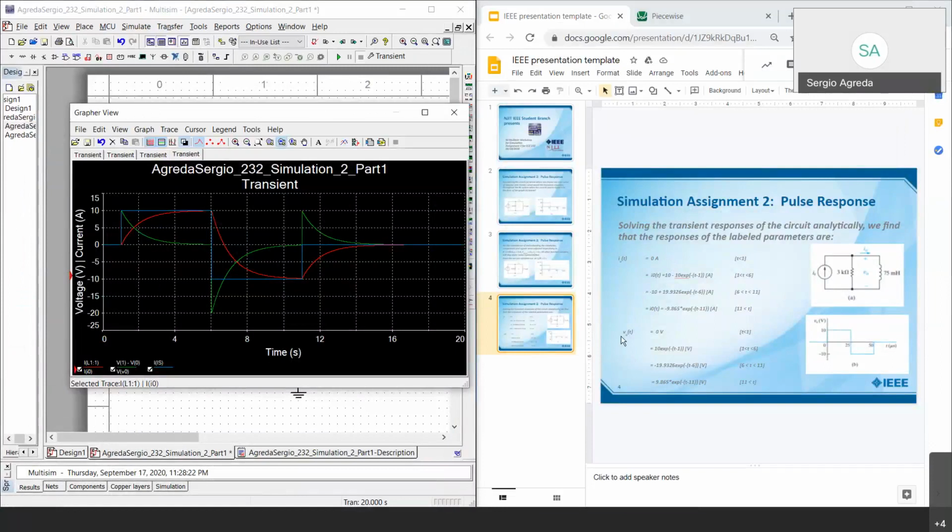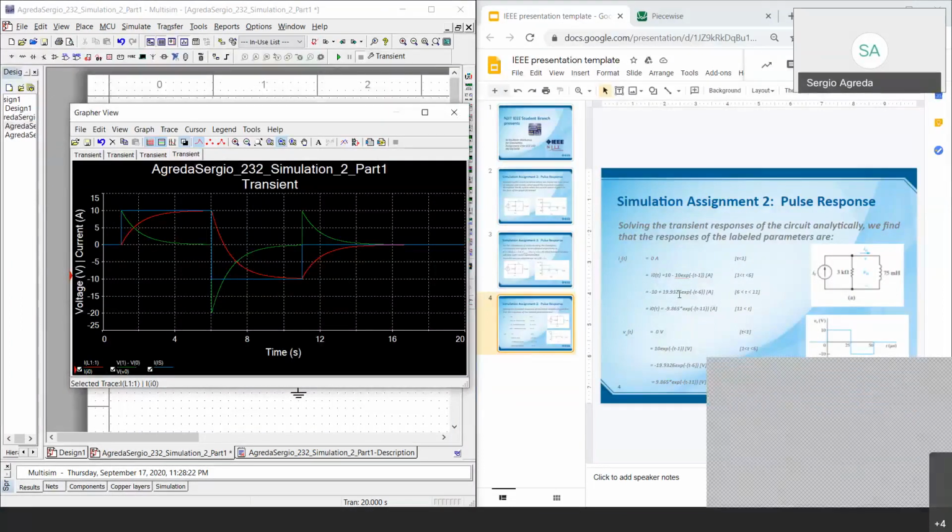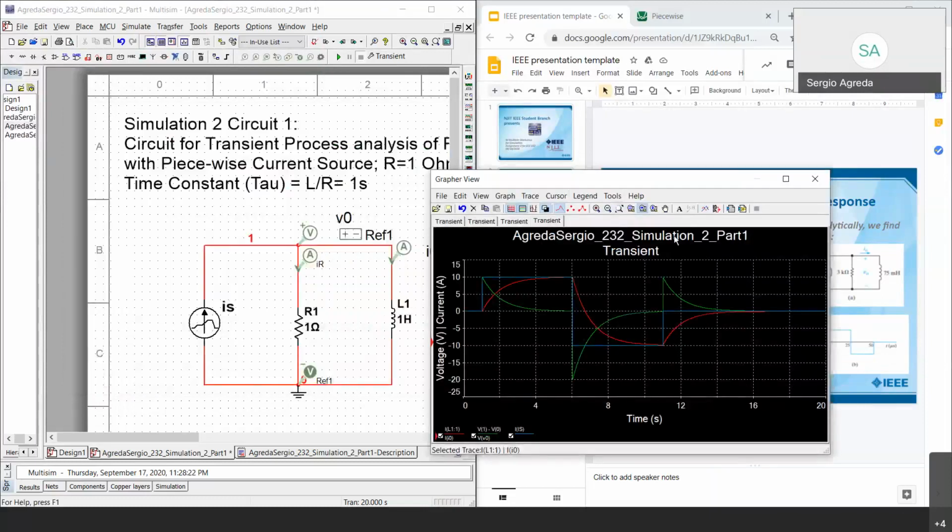Same goes for the voltage. Then if you follow through, you can see whether your interval is following the differential equation, and if not, you might have to recalculate your expressions, or see if your transient simulation is correct for the graph.